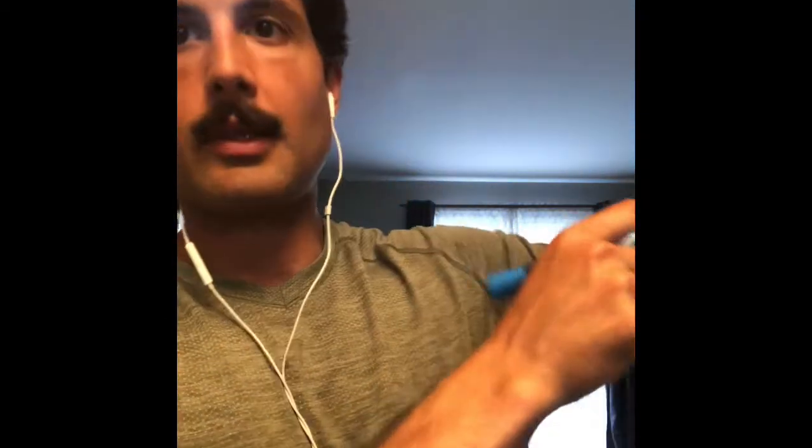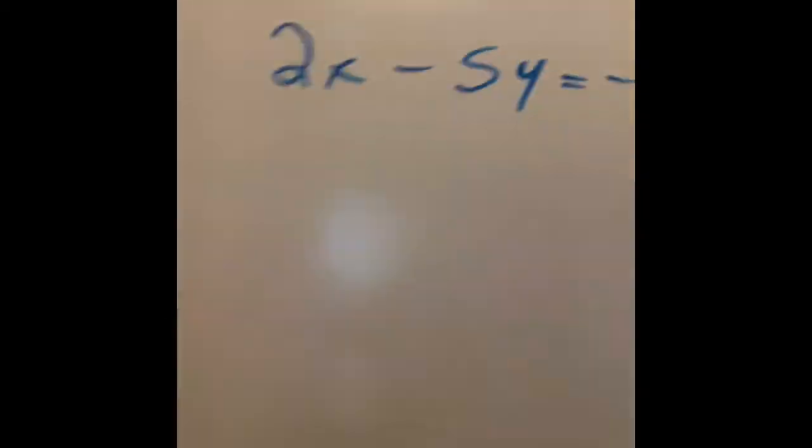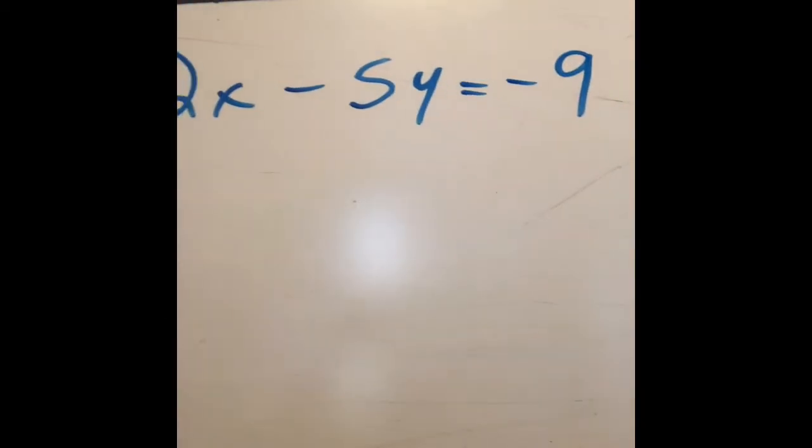So the first equation is 2x minus 5y equals negative 9. I need to isolate y because I need to get y equals mx plus b. So I have a 2x there, and I need to subtract it from both sides.